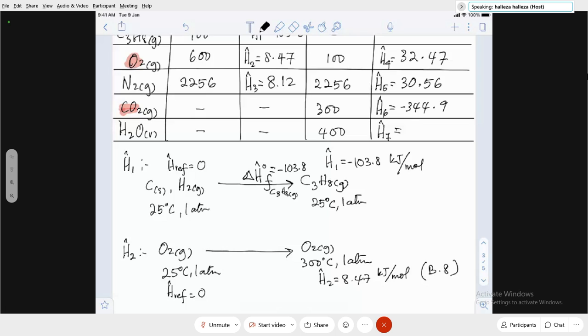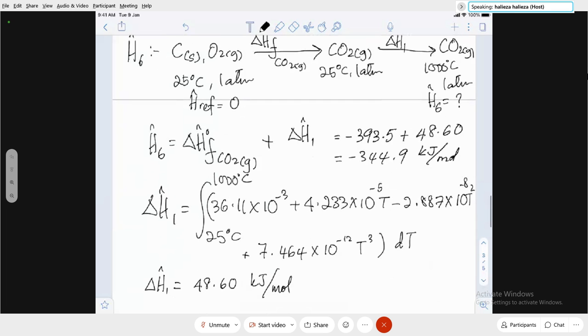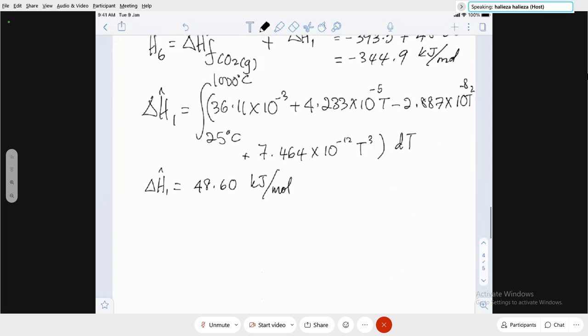Lastly, we have to solve for H7. Now, this is the equation I pointed out when I was introducing the heat of formation method. If you want to find the enthalpy, you have to get the heat of formation first, then either cool it down or heat it up.